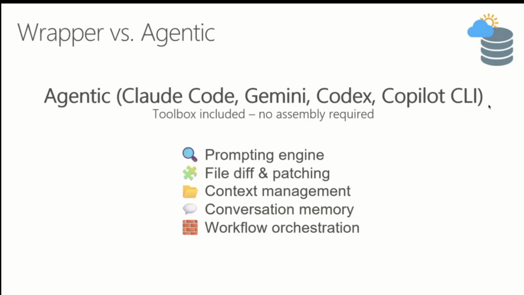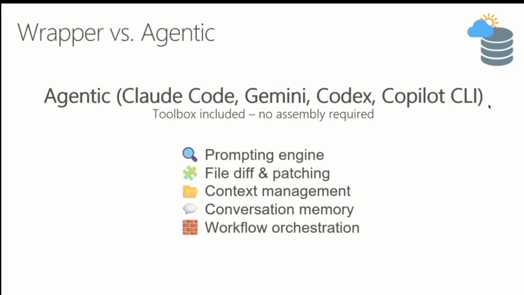It has a prompting engine that understands better what you're saying, and file diffs and patching, so you can say, hey, edit that file, instead of actually doing it yourself. If you're using a wrapper, you're going to have to figure out how to use Get-Content and then slam it into Set-Content. You also have context management. So it knows the directory that you're in.